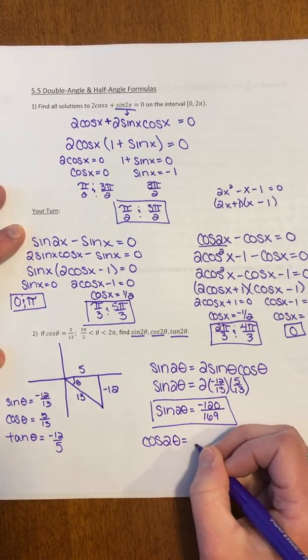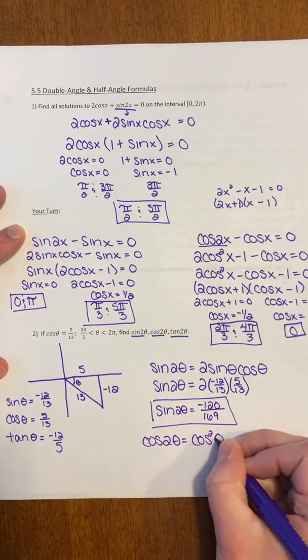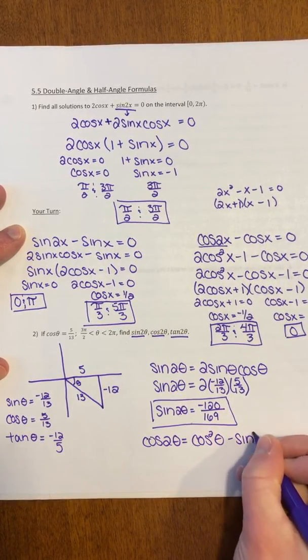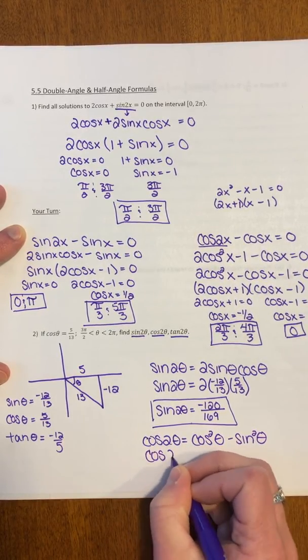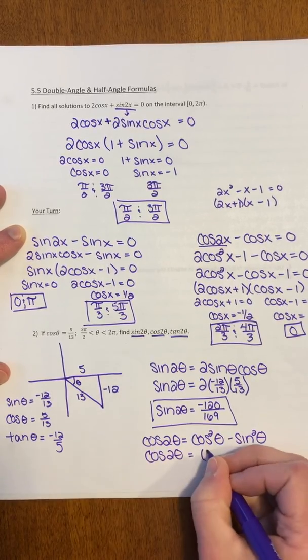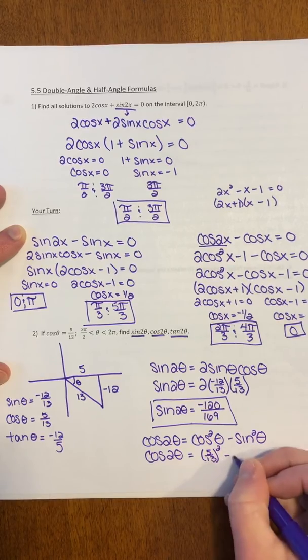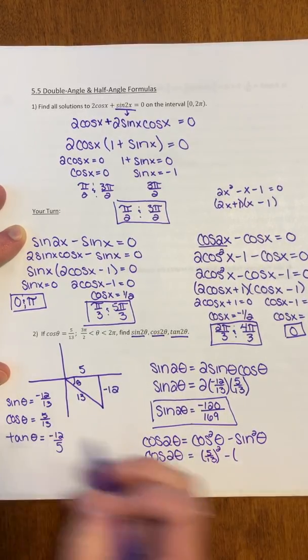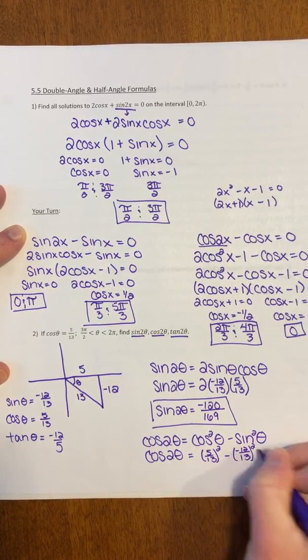So cosine 2 theta equals cosine squared minus sine squared, so 5 over 13 squared minus negative 12 over 13 squared.